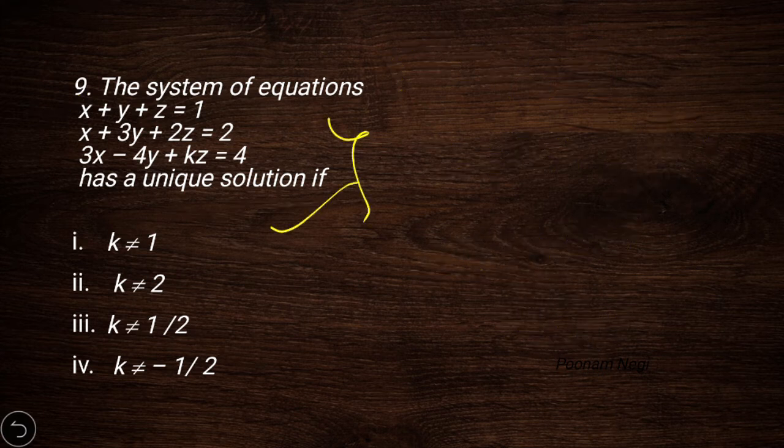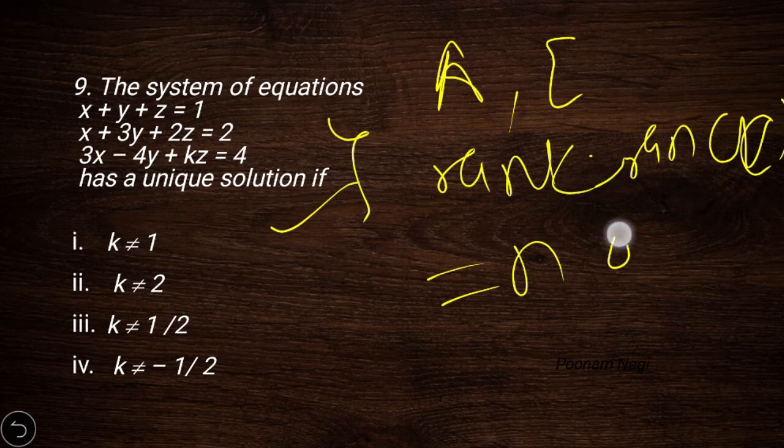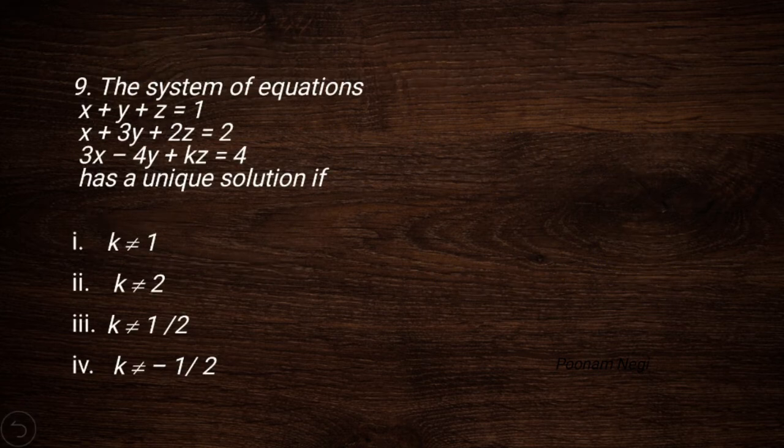Here A represents this system of equations, and C is the augmented matrix. If rank of A equals rank of C equals the number of unknowns, then we will have the unique solution. Okay, that means first we have to convert this system into an augmented matrix.